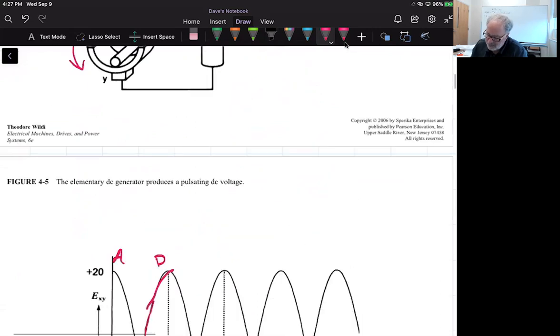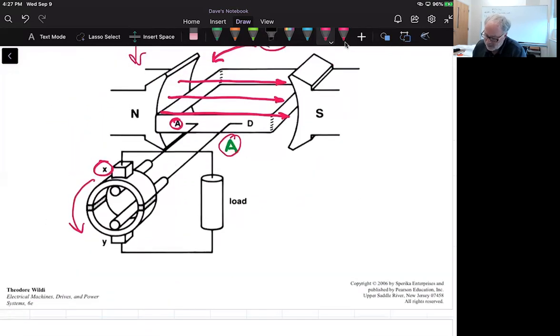But what happens, what's neat, and what makes this commutator do what it does is the whole thing turns and the brushes never change polarity. They always maintain the same polarity through that. Couple of things here, as we look at this, due to this constant polarity between the brushes, the external load always flows, the current, excuse me, because of this construction, the current that flows through this load never changed direction.